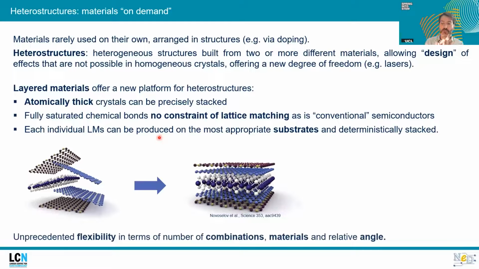Basically the two layers will be interacting, and there will be a periodic modulation of the potential. It is only in this condition and at a particular angle, which is called the magic angle, that you will be able to achieve superconductivity. So it's not a single layer, it is an effect of the interaction of two individual layers at a very particular angle.